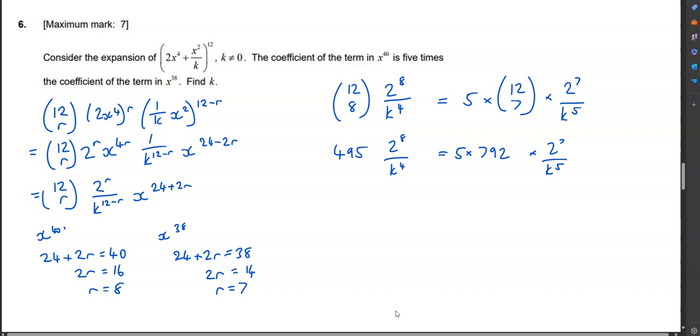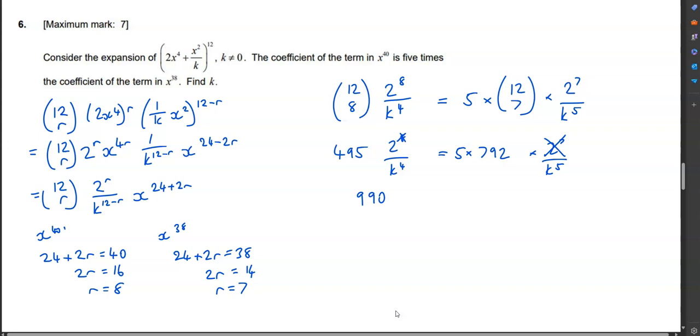At this point, we probably could just solve it, but let's be purists about this. We can divide by 2 to the 7 on both sides, giving us just 2 there. And then 495 times 2 is 990.